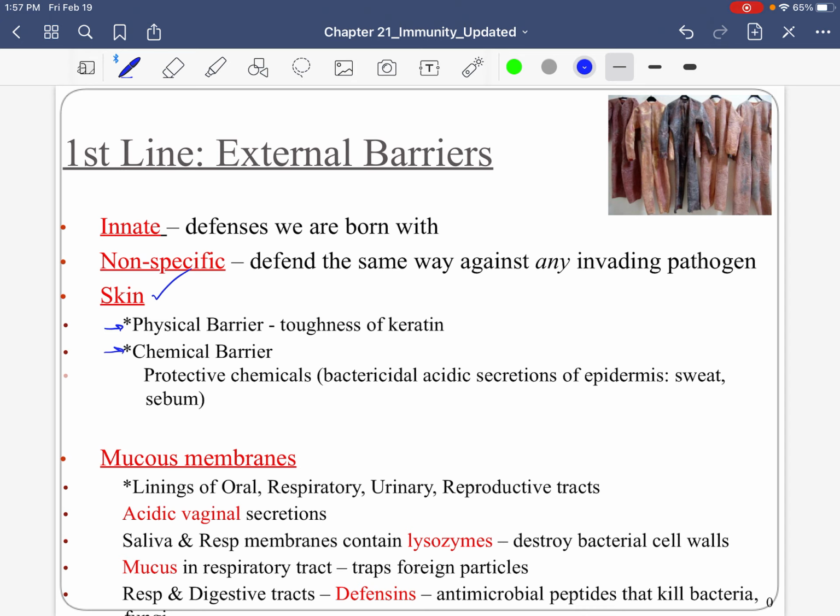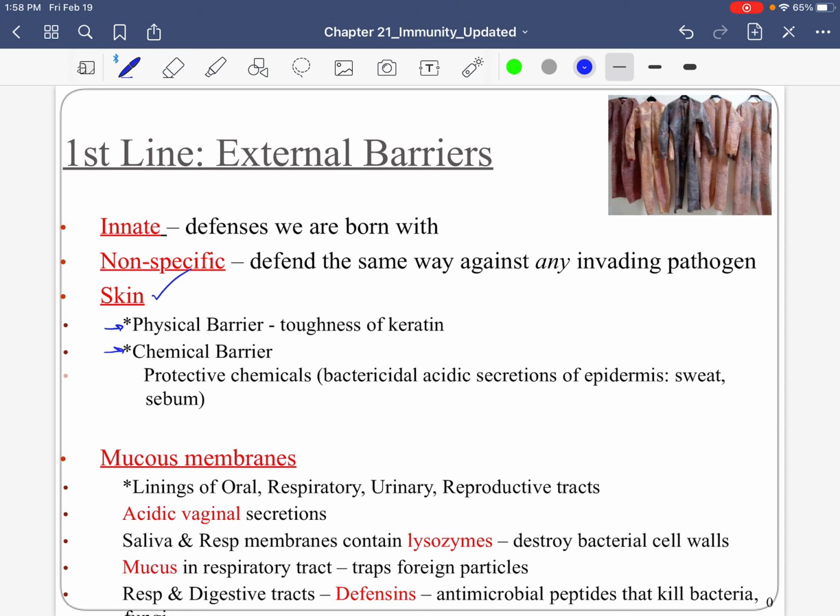An example of this would be a protective chemical. So for example, our epidermis, in the oil of our epidermis, the sebum, that sebum or oil has a bactericidal property. So not only is the skin a physical barrier, but there's some chemicals in it that can protect us against bacteria.